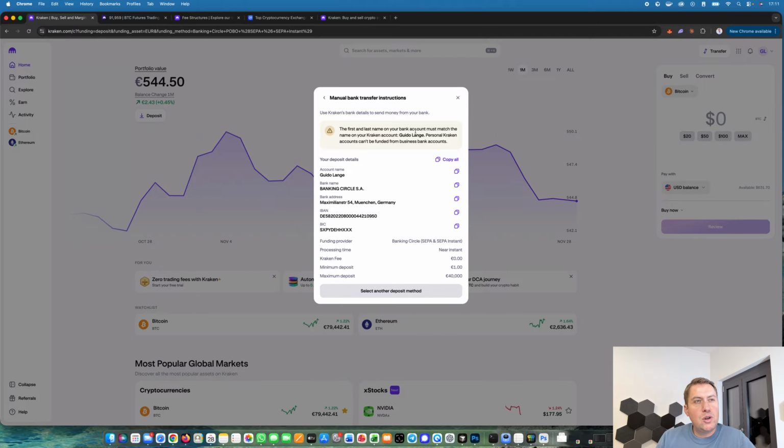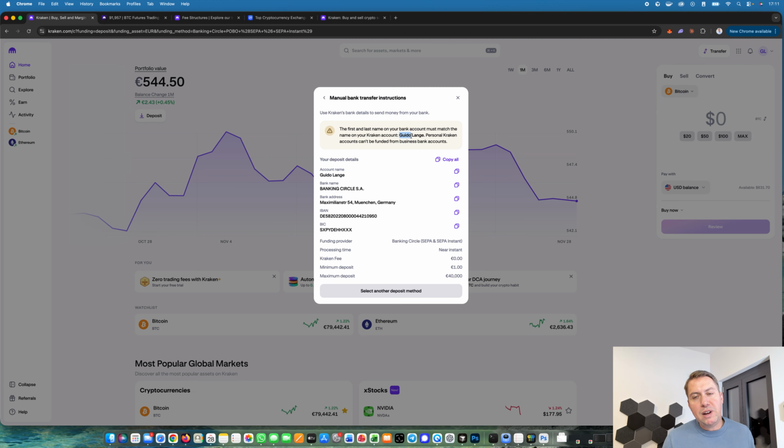Here you have to know, if you do that, the bank account you are sending the money from has to be under the same name as your Kraken account that is verified. My account is verified under my name, so the bank account from Kraken is also under my name.